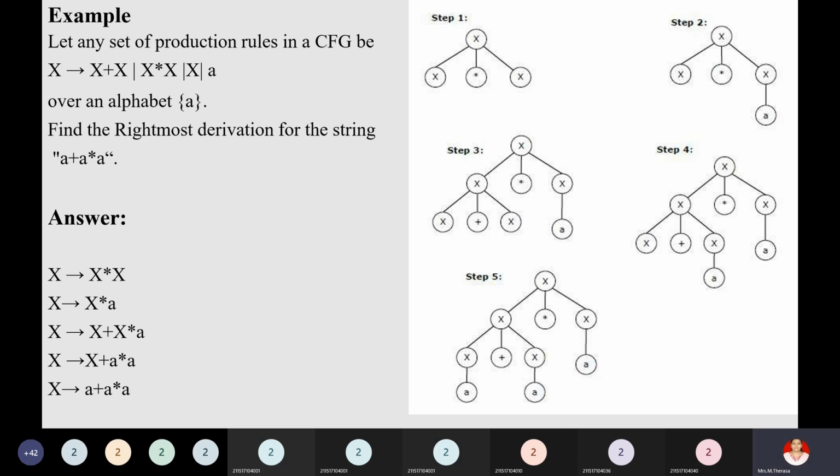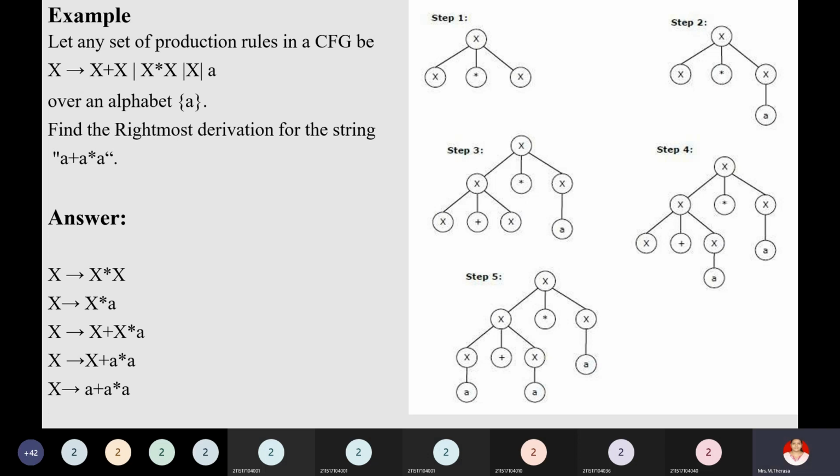So what is the yield of the parse tree? You need to read the leaves from left to right. If you collect all the leaf nodes from left to right, that becomes the yield of the tree. Here we have obtained a plus a star a.